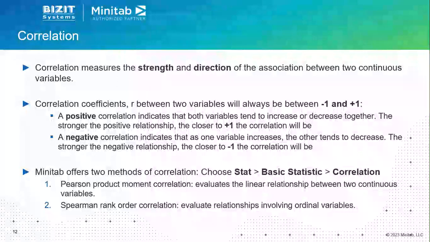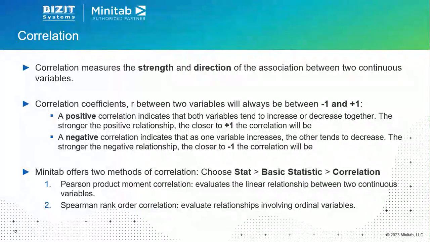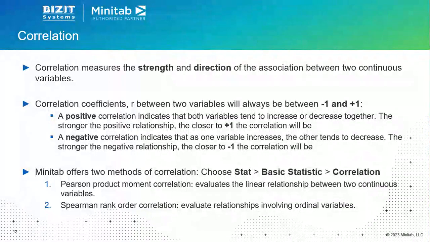But if your data set is ordinal, like scale 1, scale 2, and so on, you will still calculate the correlation, but you need to use the Spearman rank order correlation. That one is available in Minitab statistical software. Okay, so we go for the next one.